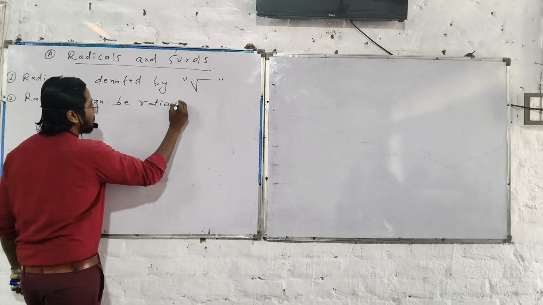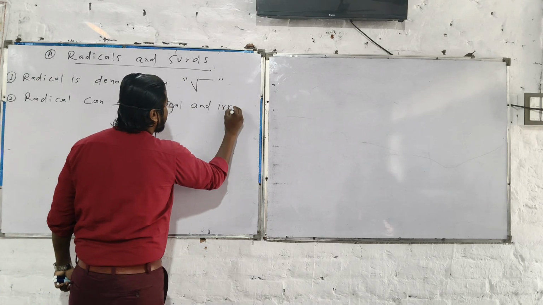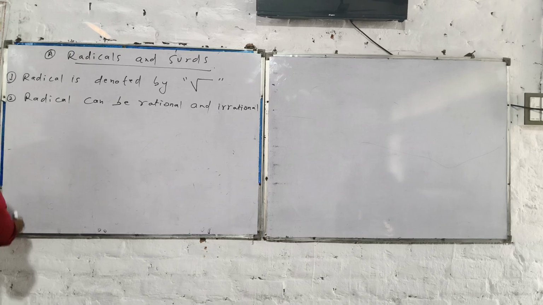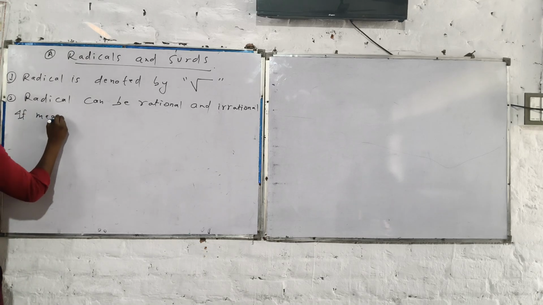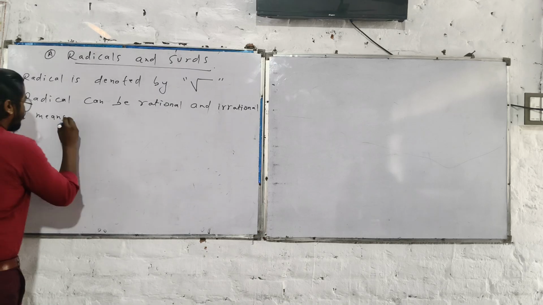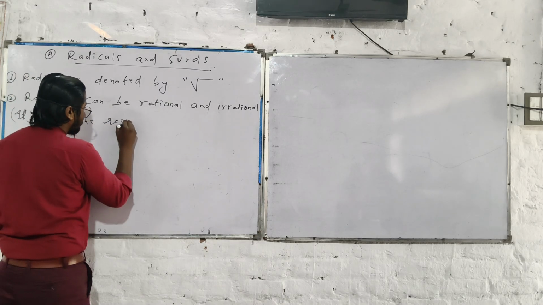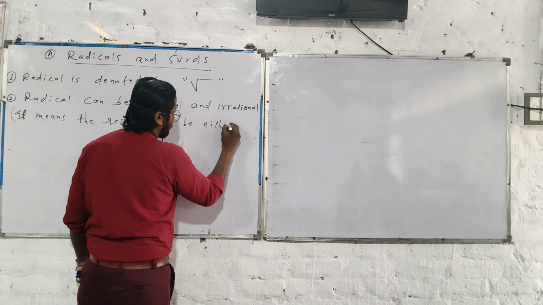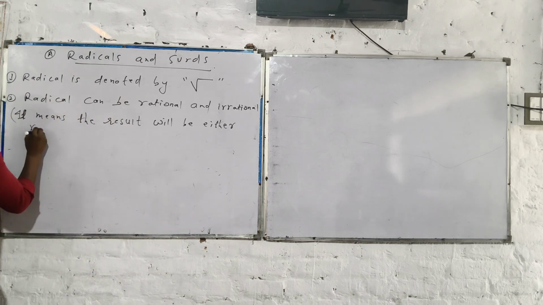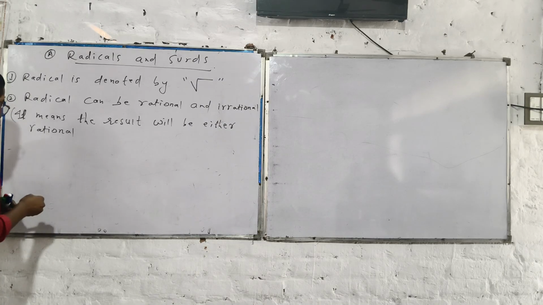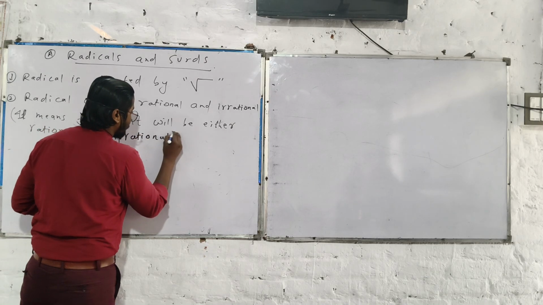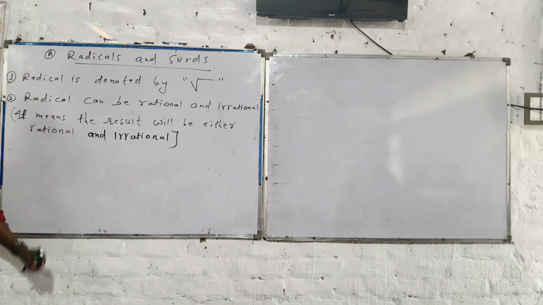rational and irrational. If I say radicals can be rational and irrational, what is the meaning of this?